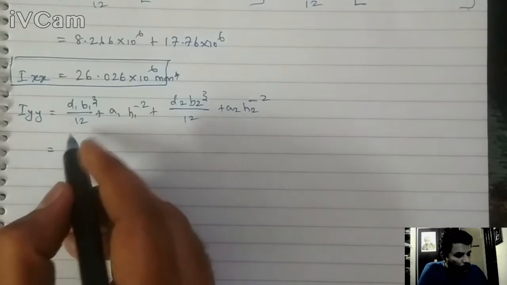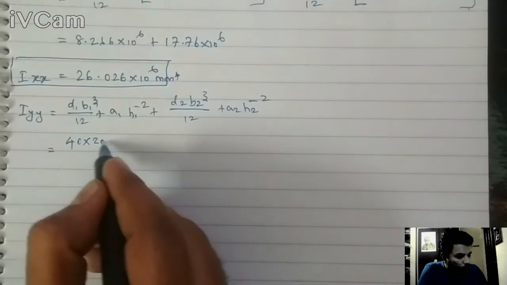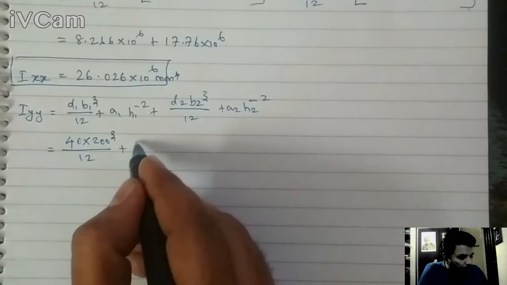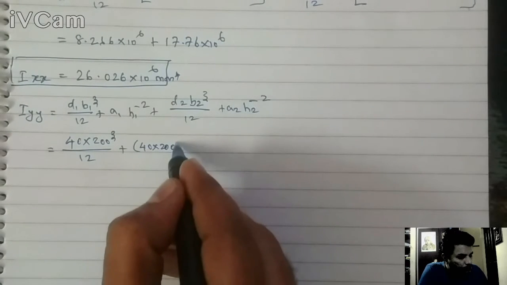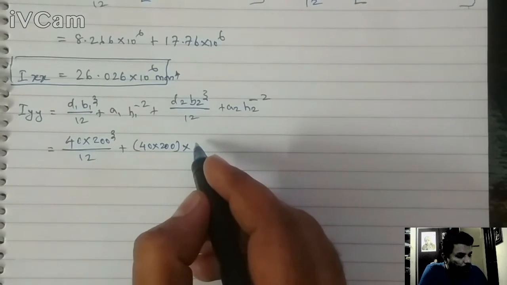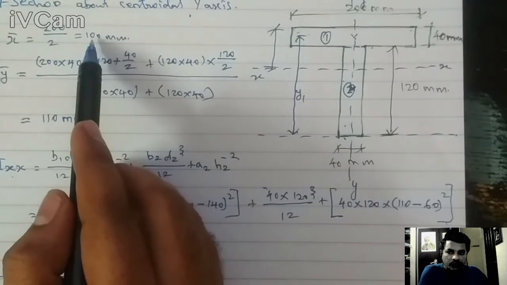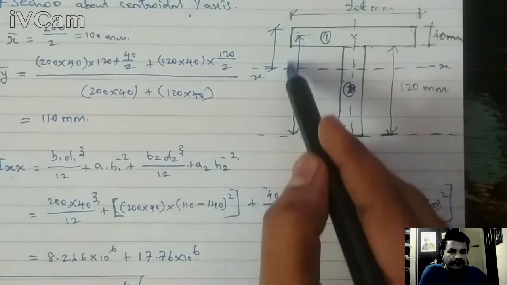So 40 by 200 cube divided by 12 plus 40 by 200, area A1, into x bar minus x1, H1 bar. So x bar is 100, x1 also 100, because from left it coincides.